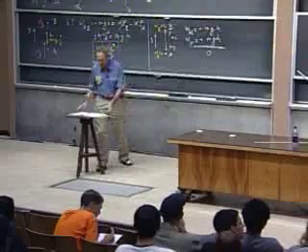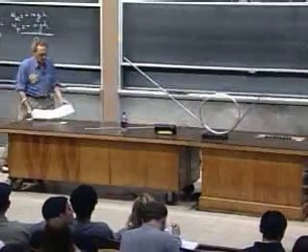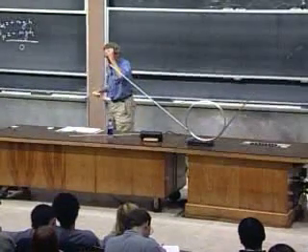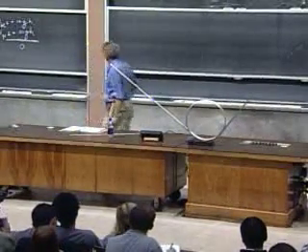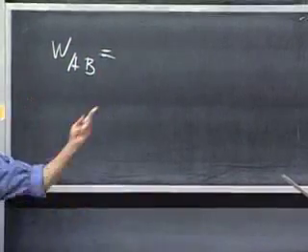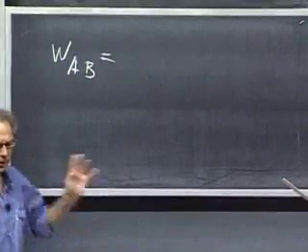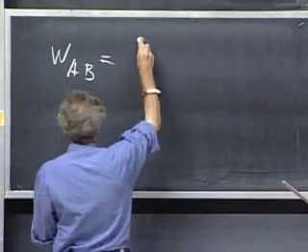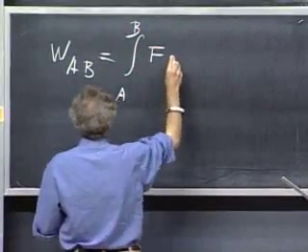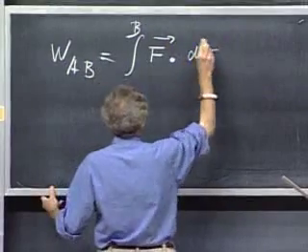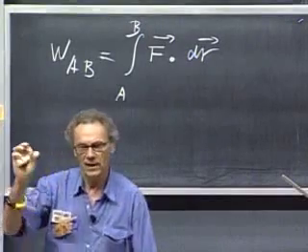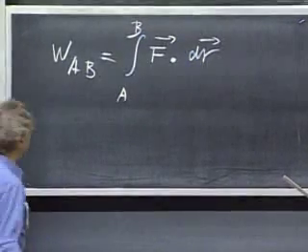Now let's go from 1 dimension to 3 dimensions. It is not very much difference, as you will see. I go in 3 dimensions from point A to point B, and I now have a force which could be pointing not just along the x direction, but in general in all directions. Now the work that the force is doing in going from A to B is F dot dr. r is the position in 3-dimensional space where the force is at that moment, and dr is a small displacement.